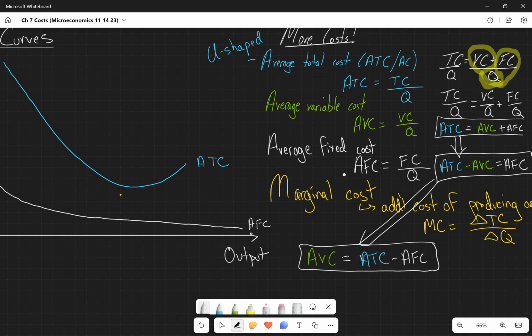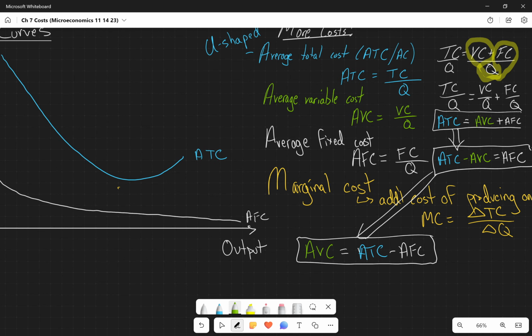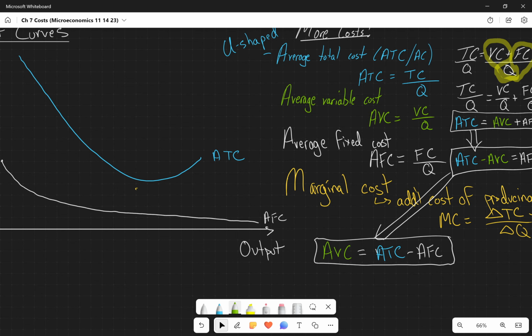So this means that my average variable cost is going to follow my average total cost curve for the most part, but it's going to be lower than the average total cost curve by whatever the height of my average fixed cost curve is. So the whole reason why I'm doing this is to say this average fixed cost is the distance between the average total cost curve and the average variable cost curve, right?